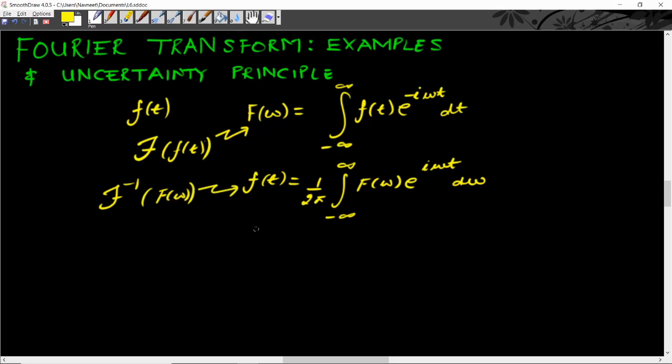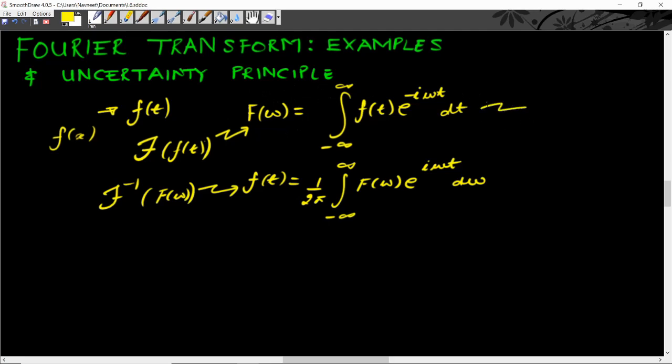The Fourier transform is particularly important in experimental science because usually a temporal signal such as f of t can also be a spatially varying function. In that case, we'll have a function, let's say f of x, and most of the time such functions in space or time are difficult to visualize in the time domain or the spatial domain, but they are easy to visualize in the frequency domain.